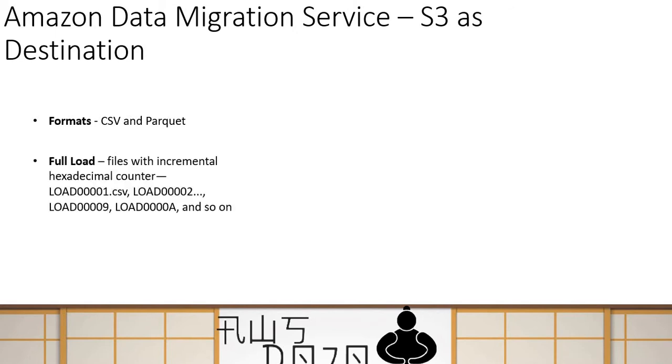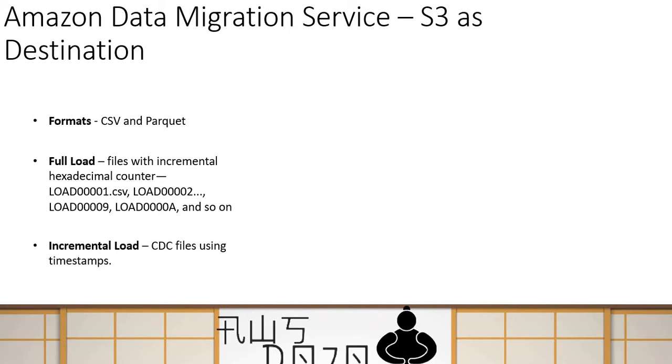Second thing, when you're trying to do a full load, it will create files with incremental hexadecimal counters. So you will have things like LOAD00000001, LOAD00000002, 9, A, B, C. That kind of incremental file name DMS uses when you're doing the full load for your tables.